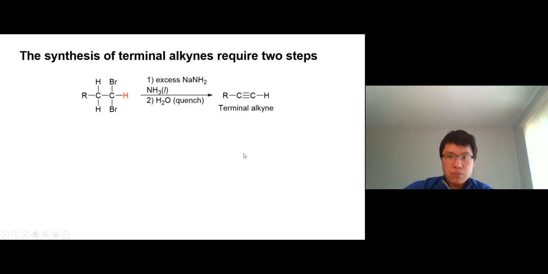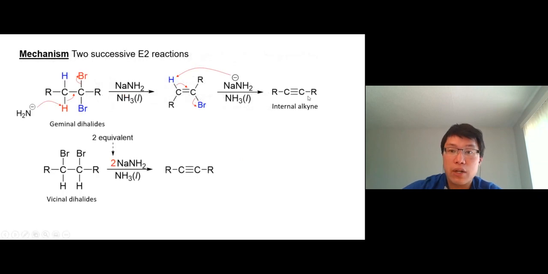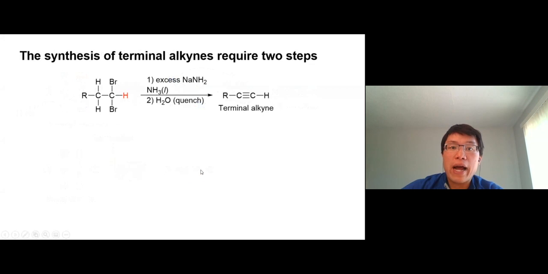All right. So for terminal alkynes, it requires 2 steps. It's different from this one, I go back here, this is internal, you get an internal alkyne. Add sodium amide, you get it right away, right? But terminal alkyne has more applications. We're going to deal with a lot more terminal alkynes than internal alkynes.